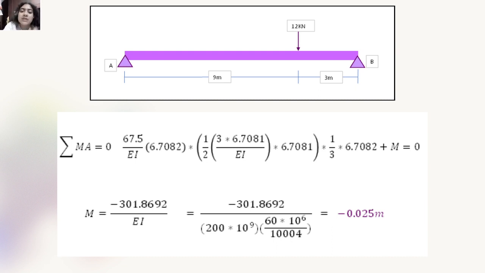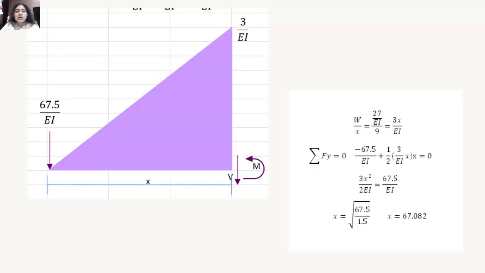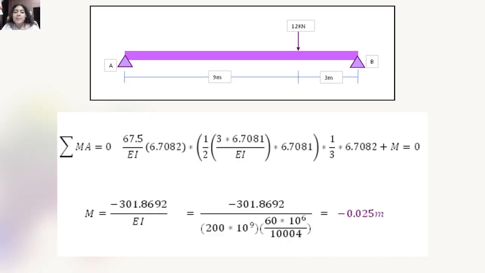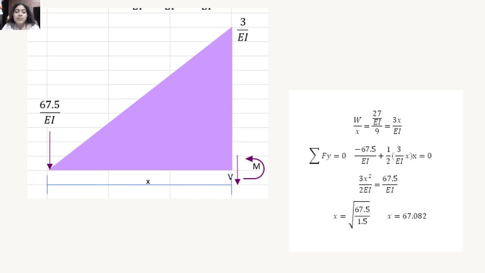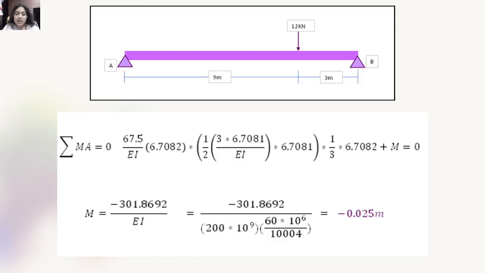I put the example first, but the final step is the summation of moments. I have a force in my section A, or at my point A. J is 67.5, and I use it in my summation, and then I have a distance in x, which I search for, 67.082. Multiplied.